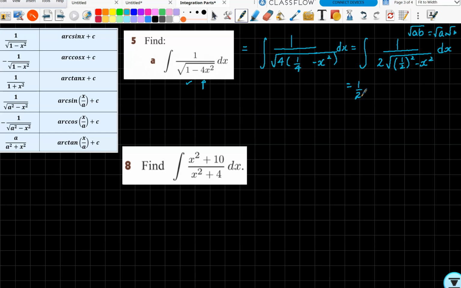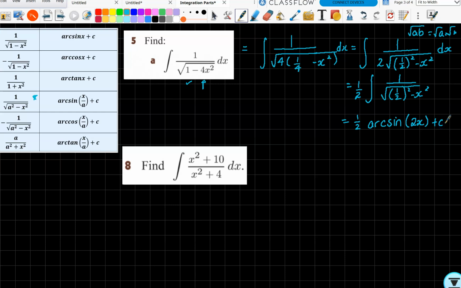And what rule am I using? The square root, I believe it would be that one. So it's a half integral 1 over root a half squared minus x squared. So this is now going to be a half arc sine. Your a value is once again a half, so x divided by a half is 2x. Huzzah!